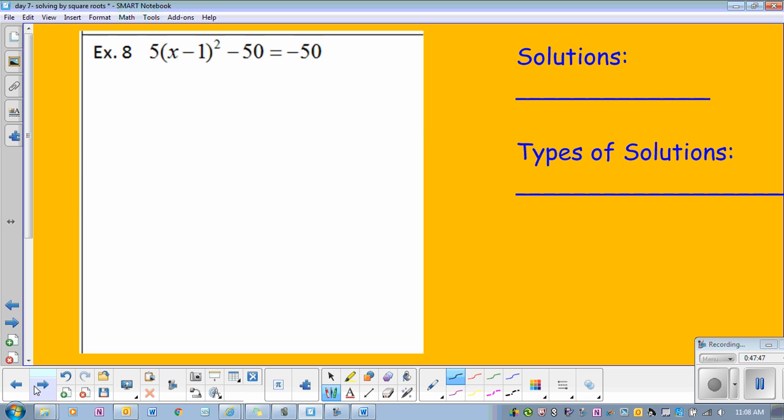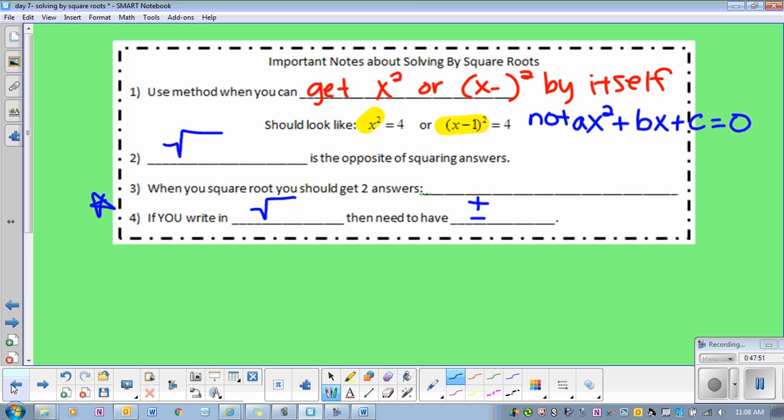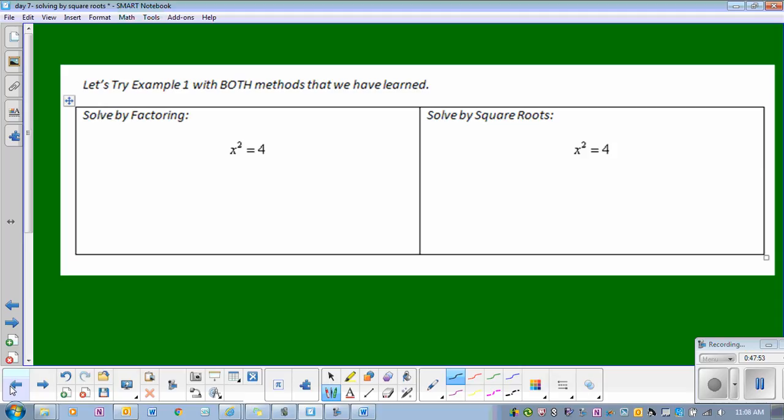So then, you know what? Go back to the front, down at the bottom. You can solve this x squared equals 4 by factoring or by square roots. By factoring, you make it equal to 0, right? X squared minus 4 equals 0. What factoring method can you use here?